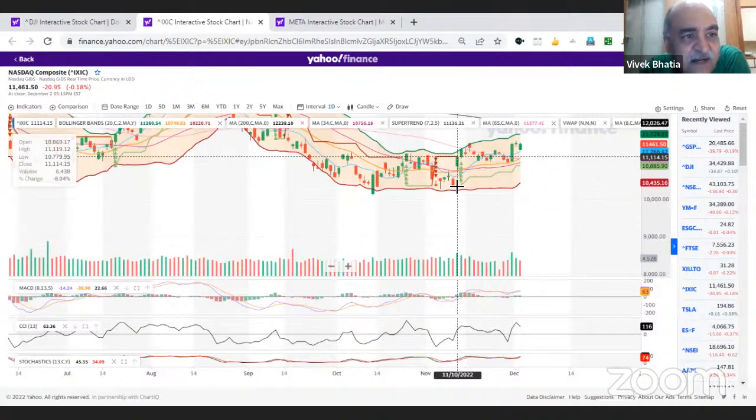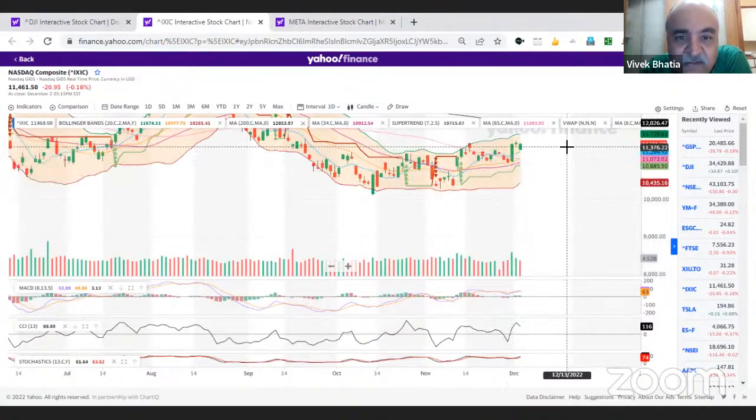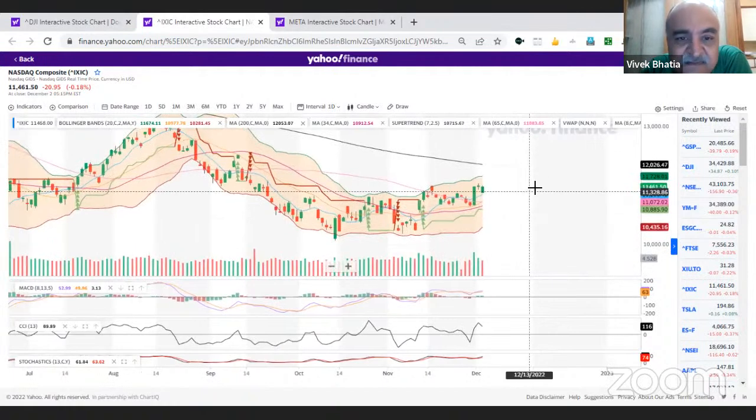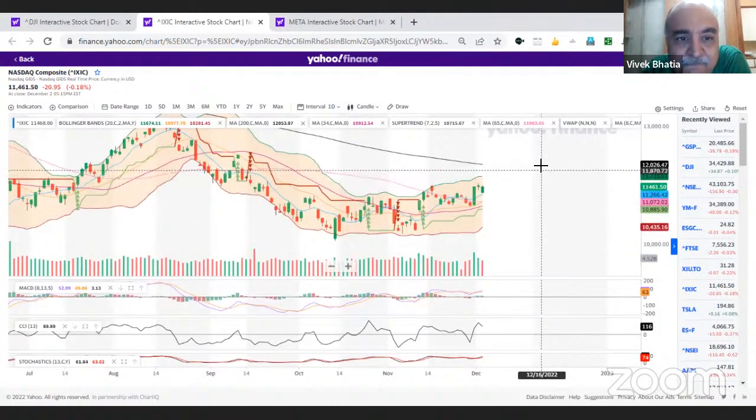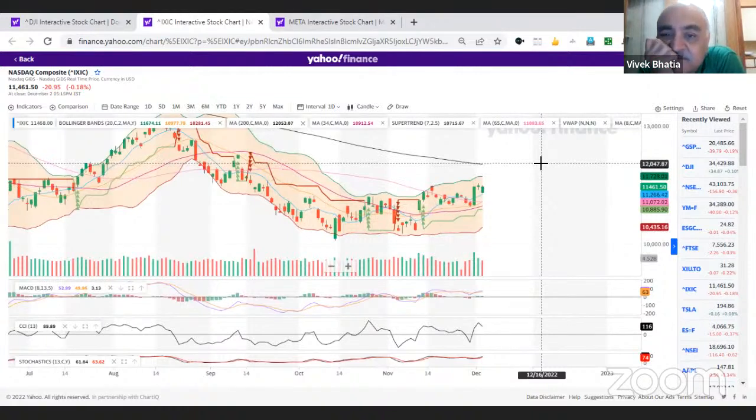Just check Nasdaq at 11,700 or 11,000 or 12,000 should be your resistance price. Yes, 11,700 and 12,000 should be your resistance price on the Nasdaq.